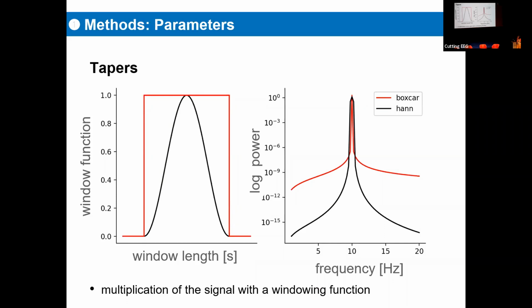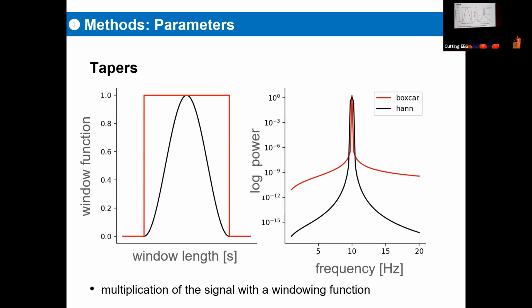You have some so-called spectral leakage. So you have also power at neighboring frequency bands. And you have more power at these neighboring frequency bands if you don't use a window function than when you use a window function. So that's why you should use a window function, because you don't want to capture these edge artifacts.